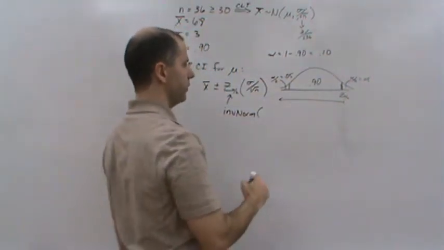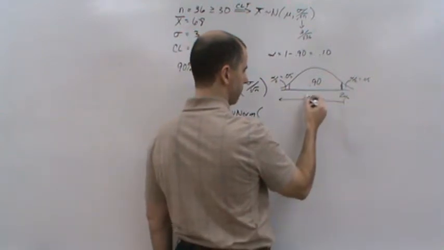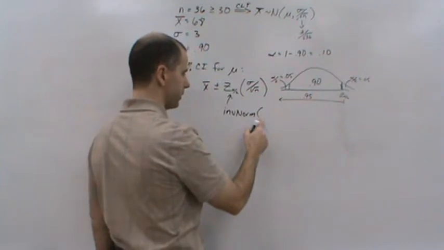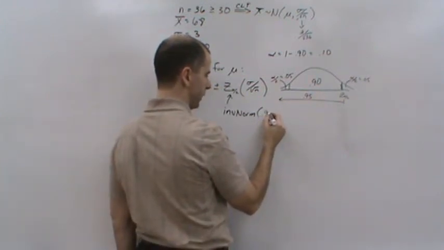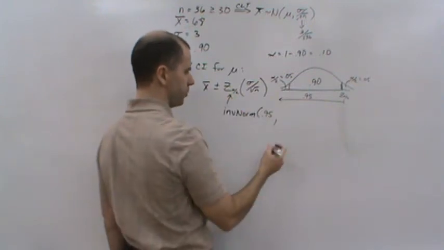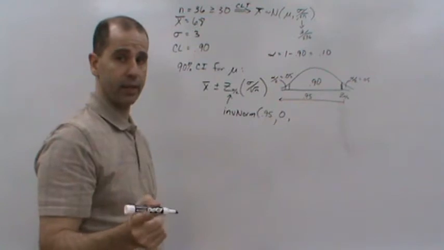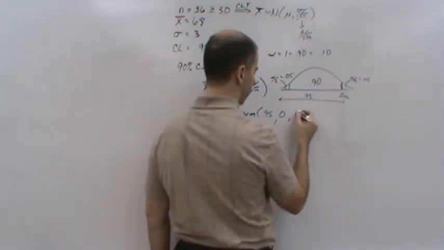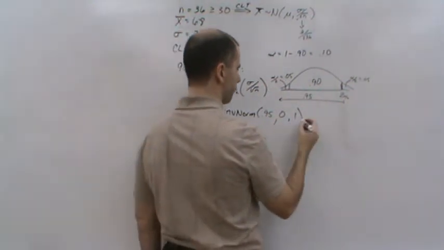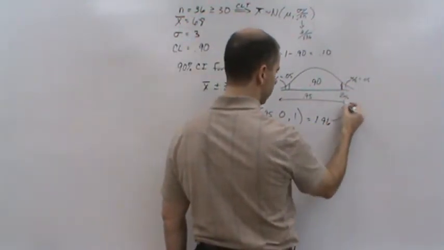So now the area to the left is 0.9 plus the 0.05, so just like before, it's 0.95. So the area to the left that we're going to put in here is 0.95, followed by the mean of the z-scores, which is 0, right? Standard normal has a mean of 0 and a standard deviation of 1. And so now, like we did before, the critical value is 1.96.